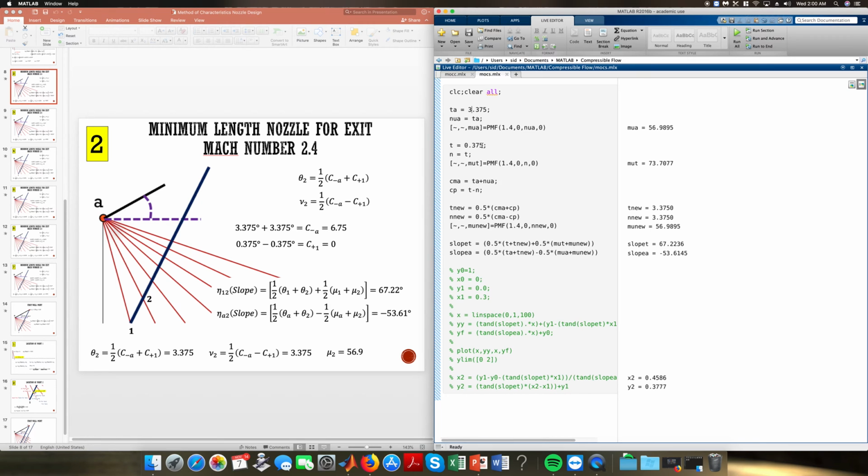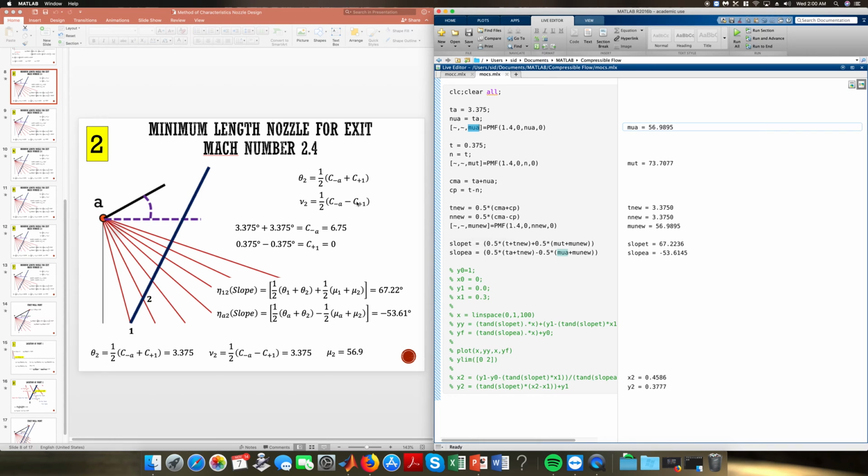And so this is the t that's coming from point 1, and I know that's 0.375, and similar to what you have about nu equals t, right? So I can find the Mach angle at these conditions, right?